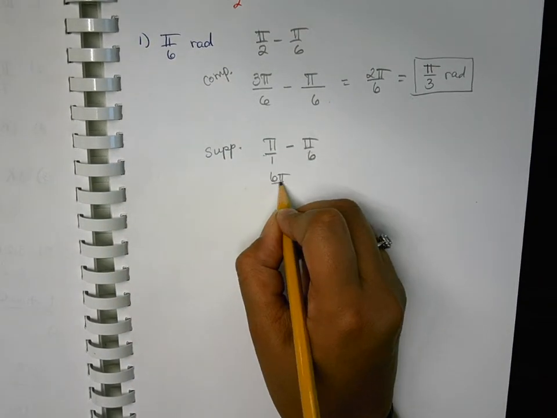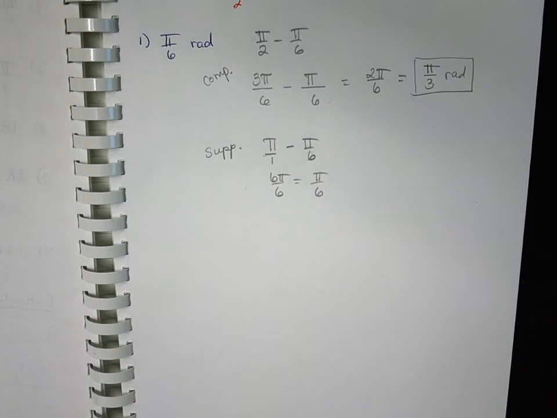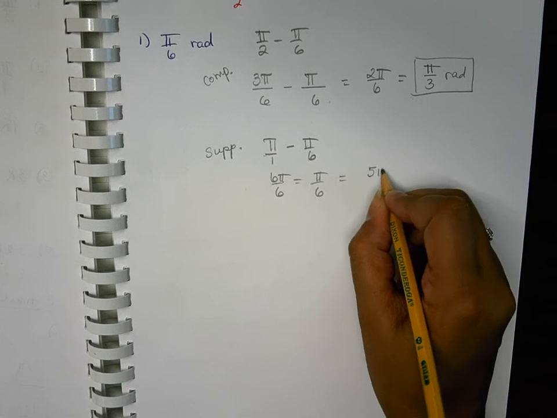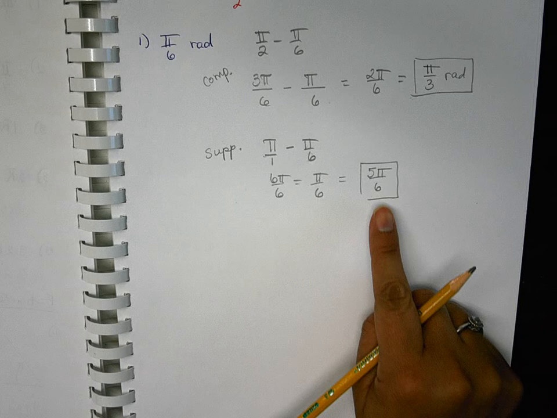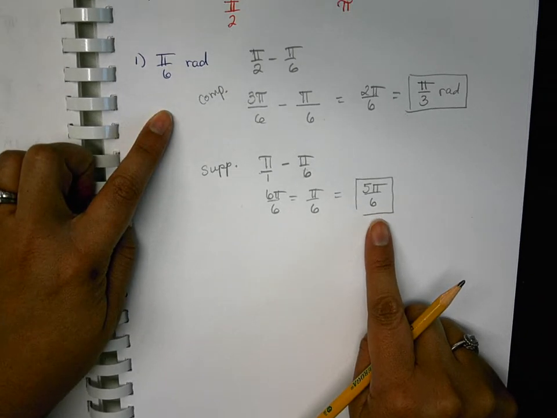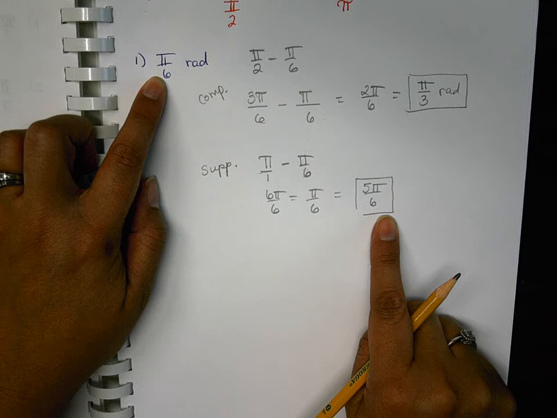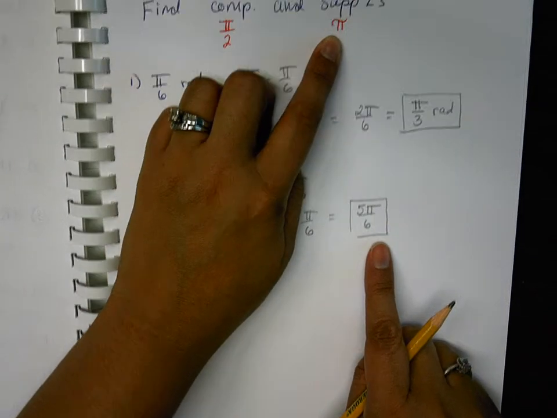Does that make sense? 6 over 6 is the same as 1. Subtract, what do you get? 5 pi over 6. Now that's an easy one to add because they have the same denominator. What's 5 pi over 6 plus pi over 6? 6 pi over 6, which is pi, which is 180. Does that make sense? All right.